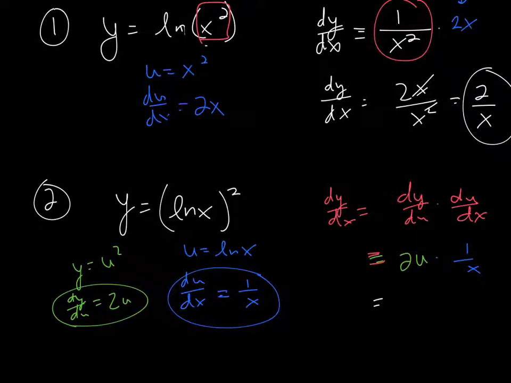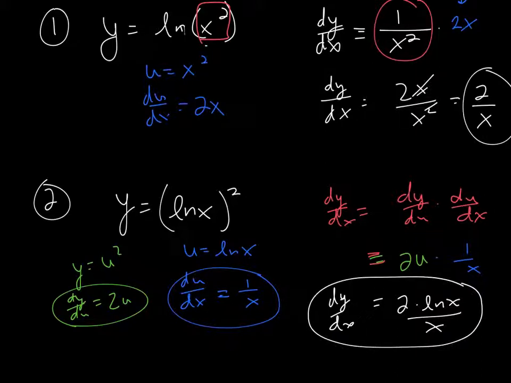So final answer here, my derivative with respect to x of my function y is 2 times u, which is natural log of x, all times 1 over x, which I'm just going to write as x in the denominator. Okay, I did my full u substitution there just to show you the whole chain rule written out.